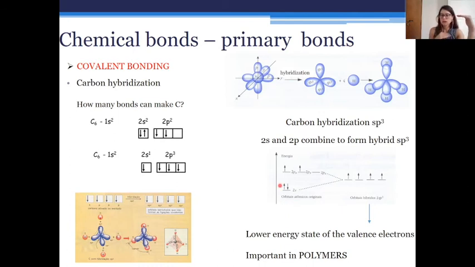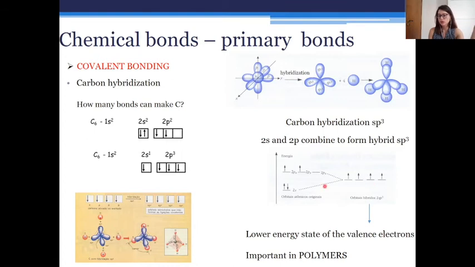And so we can have what we call degeneracy or hybridization of these orbitals in order to create a new kind of orbital, a hybrid orbital that has an intermediate energy between the initial 2s orbital and the 2p orbital, as you can see right here. And so the 4 subshells will have the same energy.